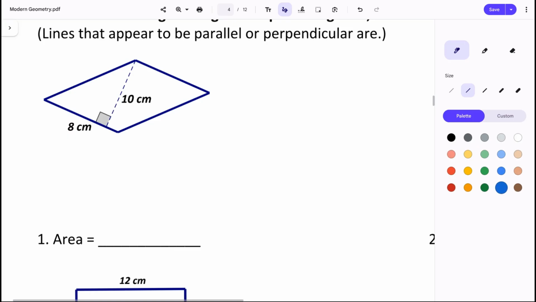So when you look at the labels on here, what's your base and height? 8 and 10. So 8 is your base, 10 is your height. I'm just going to label those. How would we find area? Multiply them. So what is 8 times 10? 80. And what's my label? Good. Centimeters squared.